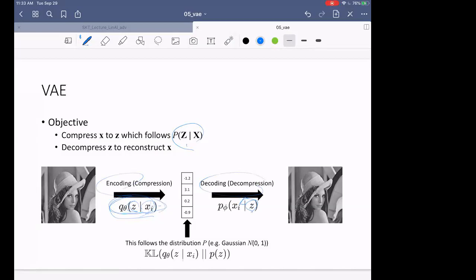I said that you're forcing the Z space to follow a Gaussian distribution, so you need a KL divergence between your Q and your P(Z), which is a Gaussian.